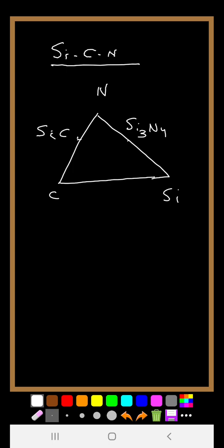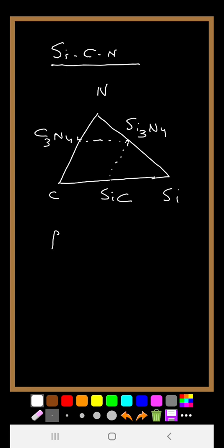We have two important phases. This is where silicon carbide, SiC, is. Apart from this, a very important phase called carbon nitride can form here.